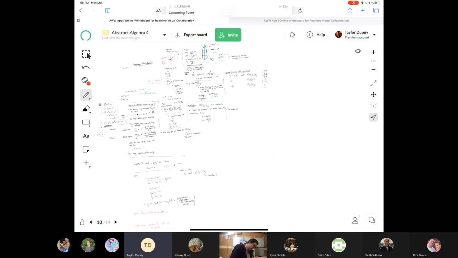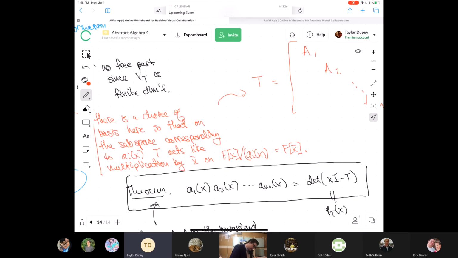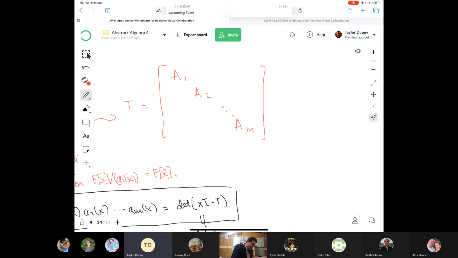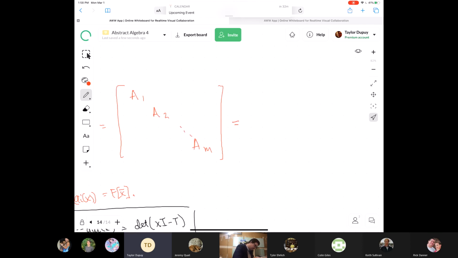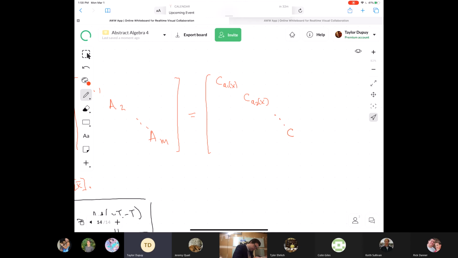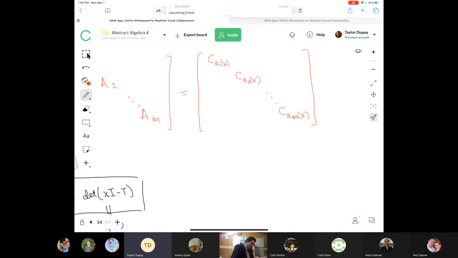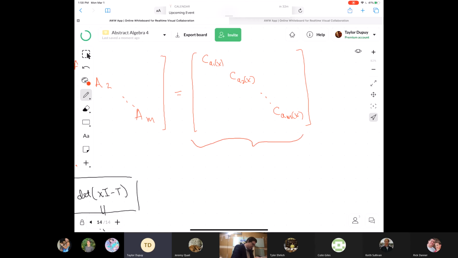So if we go back to our thing, these are all companion matrices. This is the companion matrix of A1 of X. This is the companion matrix of A2 of X. This is the companion matrix of AM of X. So this is what T looks like, and it's in block diagonal form, right? This form here is called the rational canonical form.